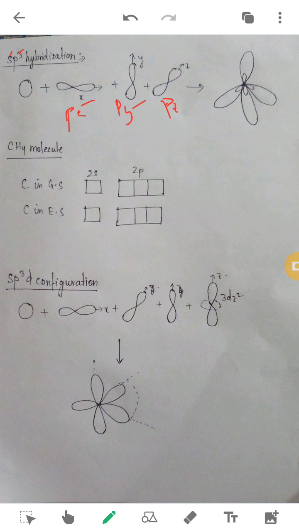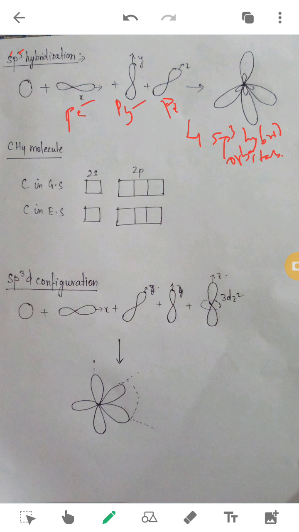Now when these 4 atomic orbitals are mixing with each other, there is formation of 4 sp3 hybrid orbitals, the orientations of which you are seeing in the picture, is towards the regular tetrahedron, as we know, if the central element is not containing any lone pair of electrons. So in the regular tetrahedron geometry, the angle between them will be 109 degrees 28 minutes.